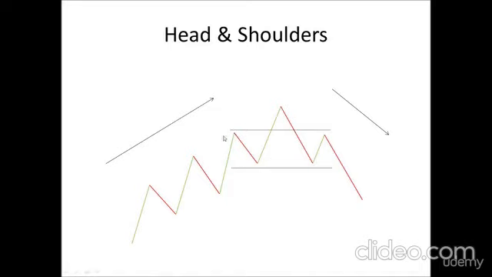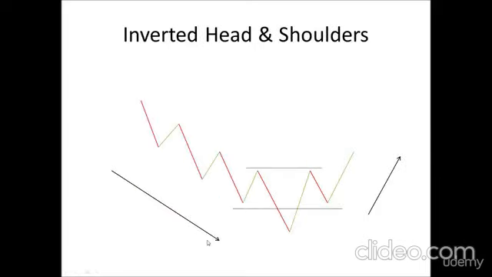And you often find that the peaks either side, or the pushes either side of the head, push to a similar level, and that these lows are also at a similar level. And we'll look at some strong examples of head and shoulders on a price chart very soon.